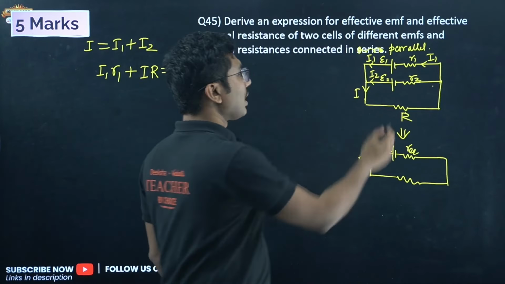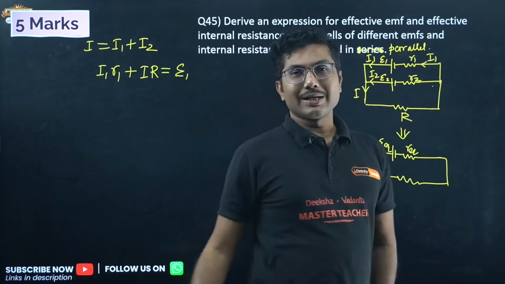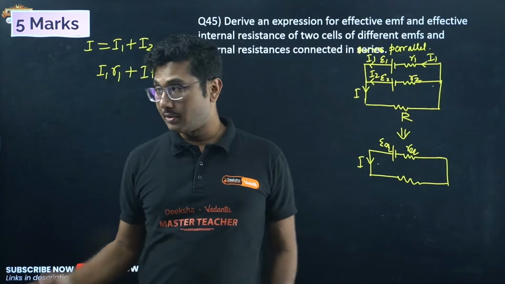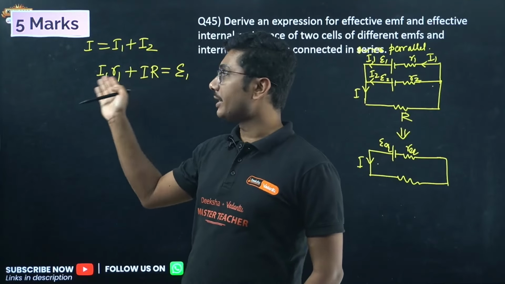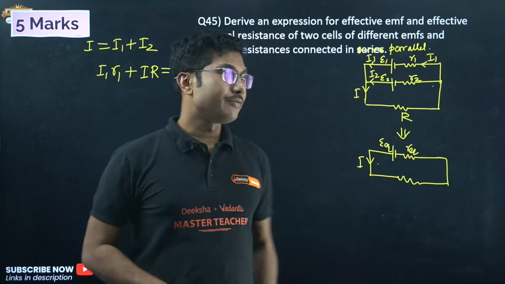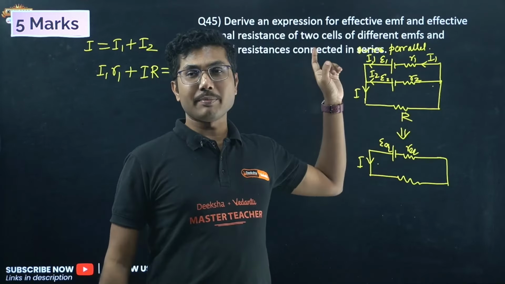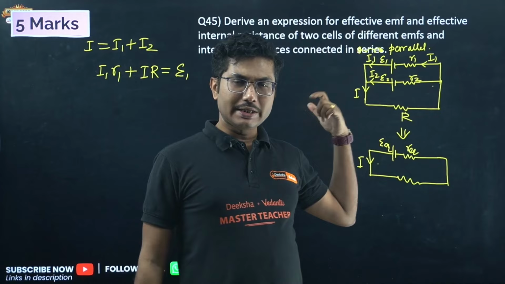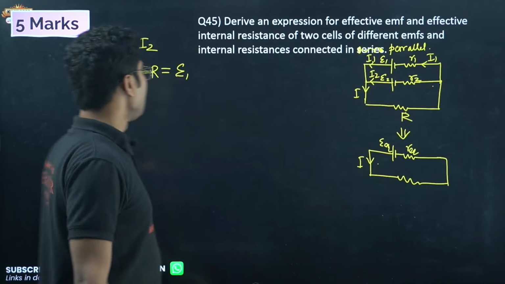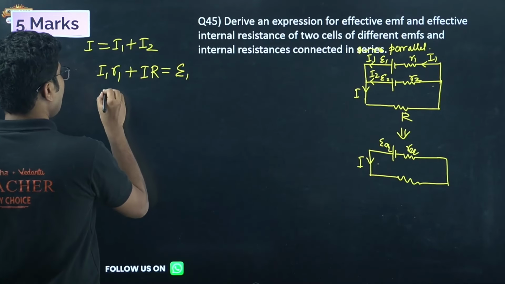So go through a complete loop, add all the currents times the corresponding resistances. If you are going in the same direction, they will always add up, and that should equal the EMF. That is Kirchhoff's law. So from here we can calculate I1.